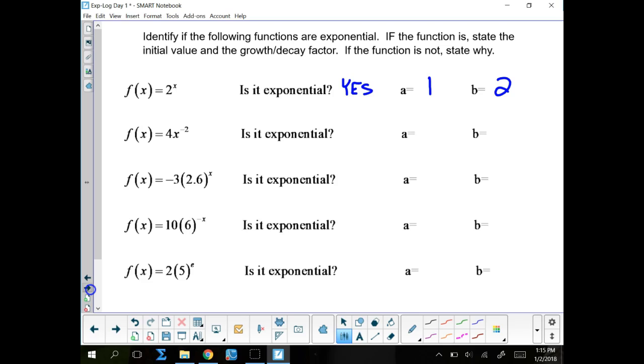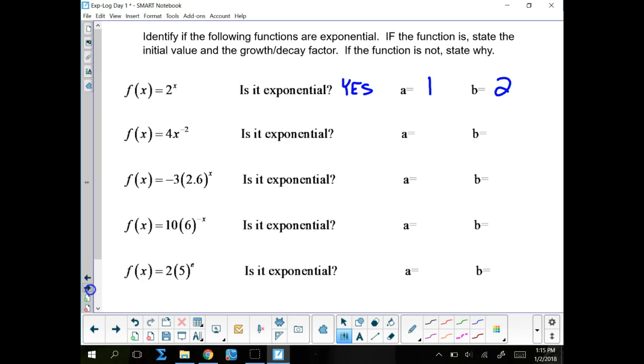Okay? Second one. Exponential function, not an exponential function. Why not? No. The variable's not in the exponent. Variable's down below. Okay?